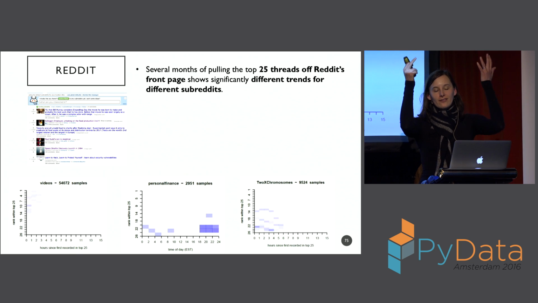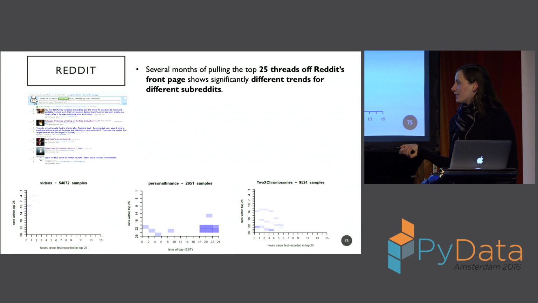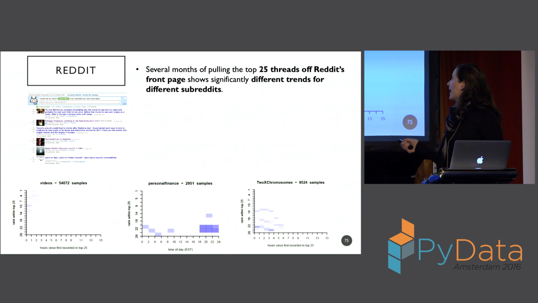The video is pretty funny, everyone clicks on it, but I guess everyone has then seen it, so it goes away. Personal finance is really kooky because it starts low, disappears for a while, and makes a comeback, right? This is the pattern for most of these time series. And then 2X chromosomes never really does that well, and tends to last a little bit longer than a video. These were chosen at random.